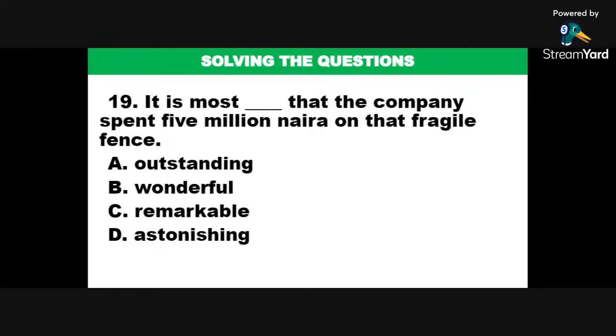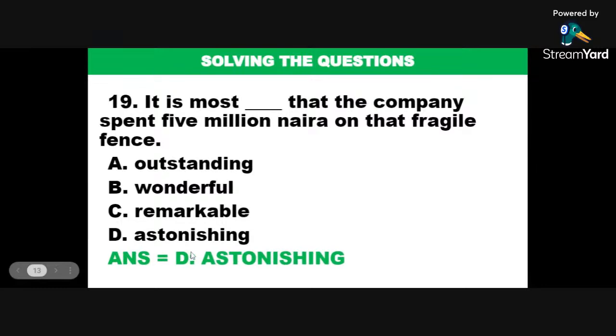If a company spent such a huge amount of money, 5 million naira, on just a fragile fence, then that is quite surprising. It's not something expected. So the correct answer is D, astonishing.